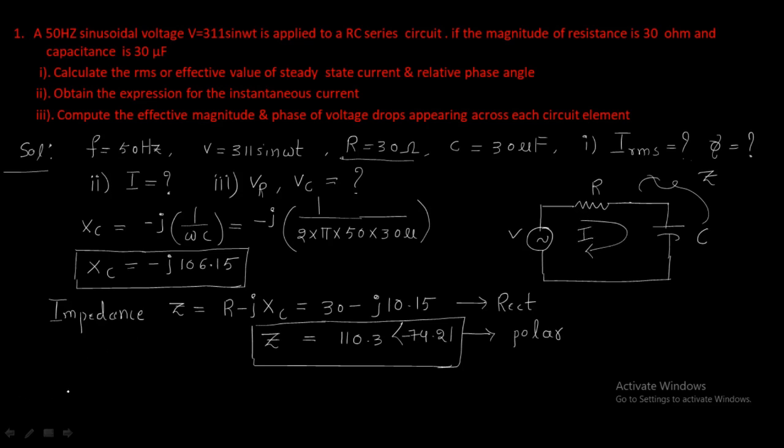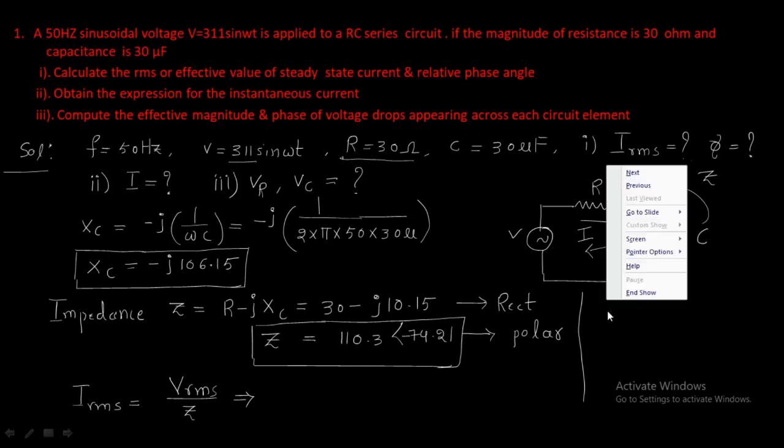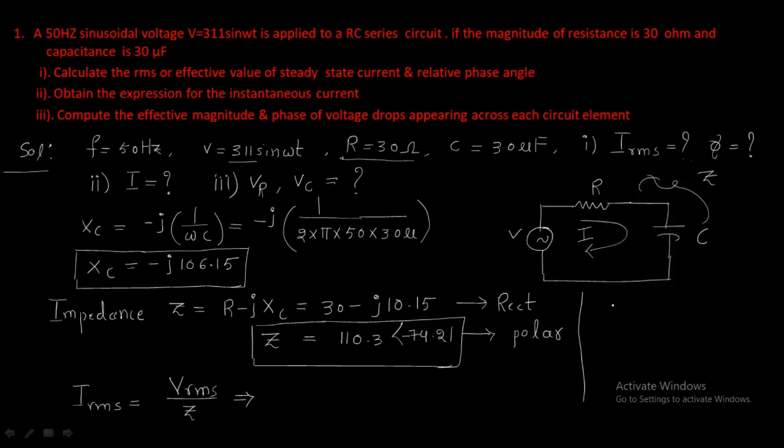RMS current, or effective current, both are the same: RMS current equal to RMS voltage by impedance. So what is the RMS voltage? The voltage is 311 sin omega t.